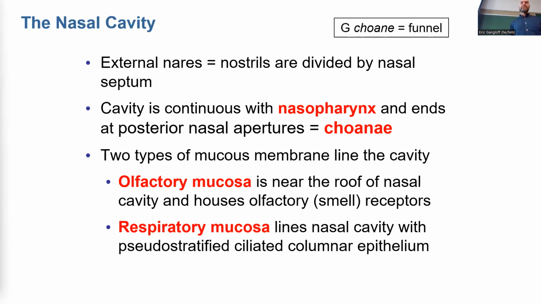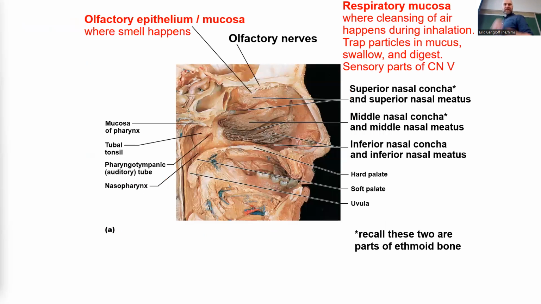So essentially the air comes in and then is circulated through this nasal cavity where it comes into contact with these two different mucosa. And you can see what that looks like here. This is a sagittal section of a cadaver. It's a little bit harder to see than a diagram, but I like this figure because it shows you what it actually looks like.